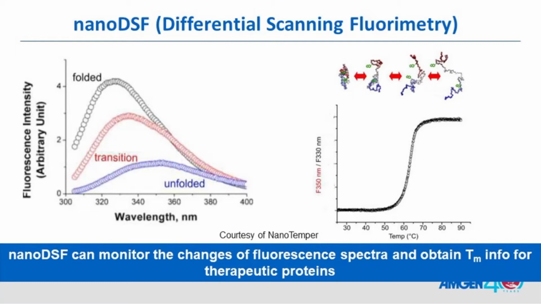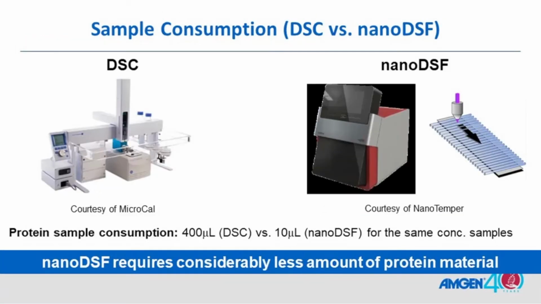If we plot the fluorescence intensity ratio, 350 versus 330 nanometer, as a function of temperature, we can get the unfolding profile of this protein. On this unfolding profile, we can get the Tm information.